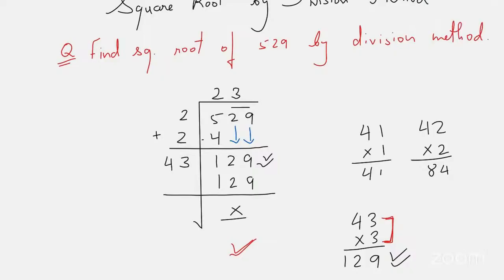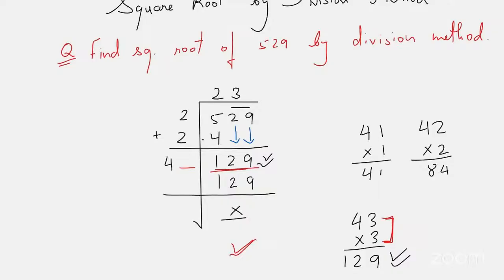Because it was not coming with 2. I said that whatever number, suppose this here was a blank now. 2 plus 2, 4 I did. Then here I put a blank. In this blank, you have to put such a number, with that you multiply the whole number, that you should get this number, 129, or a number smaller.